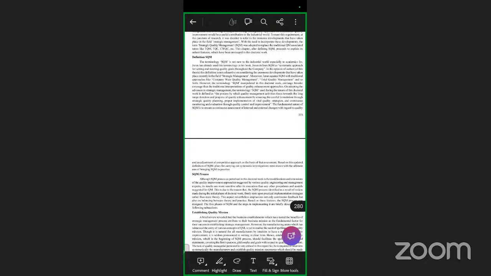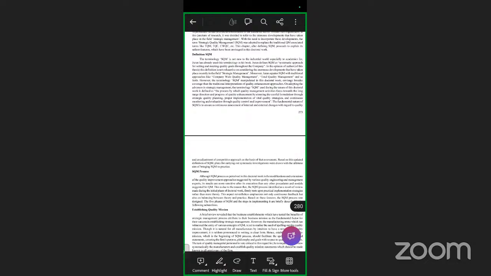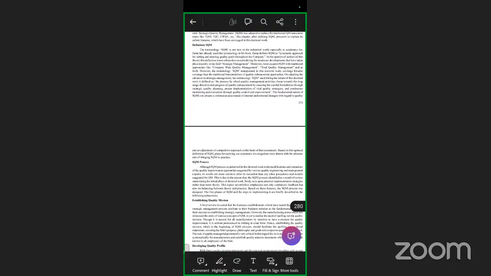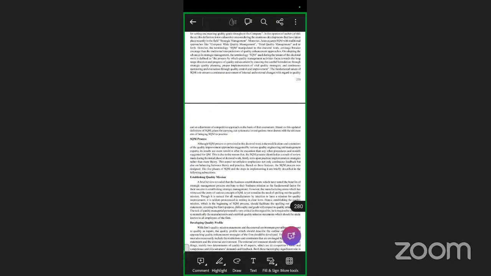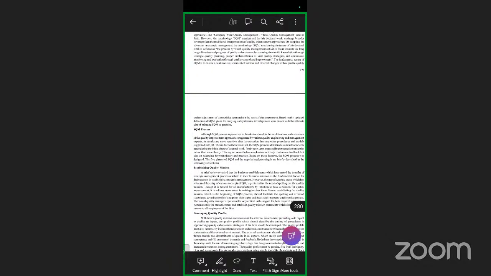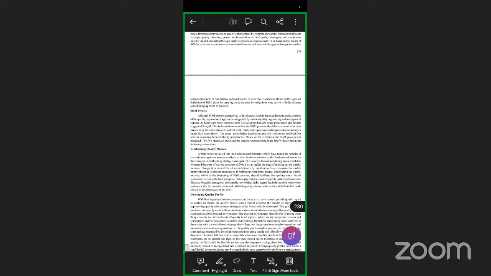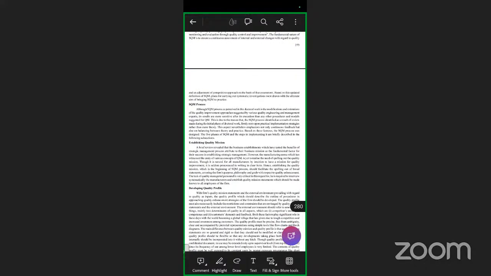However, the terminology strategic quality management is used in this doctoral work. Juran proposed it, and strategic quality management has some process. Although strategic quality management is perceived in his doctoral work as a modified extension of the quality improvement approach suggested by various quality engineering management experts, it is more sensitive after execution than any other procedure.